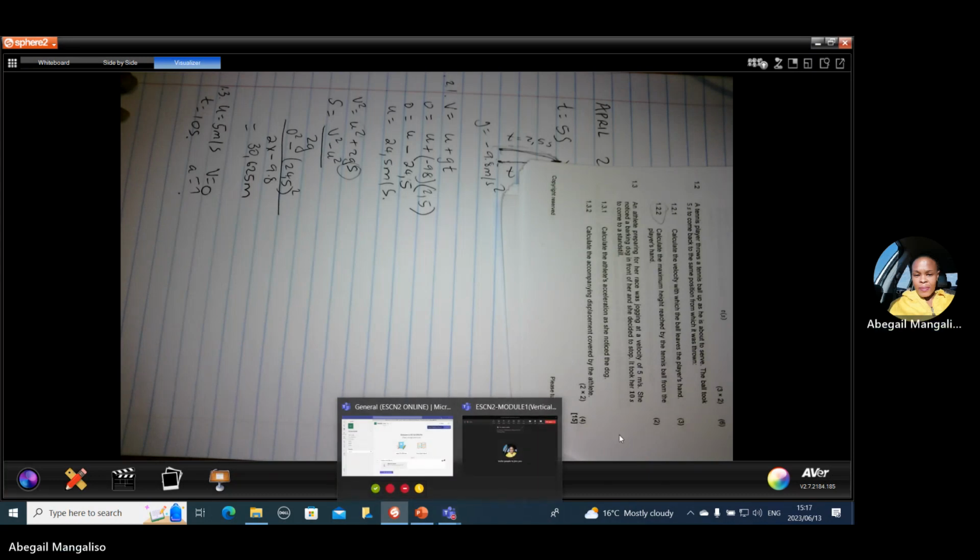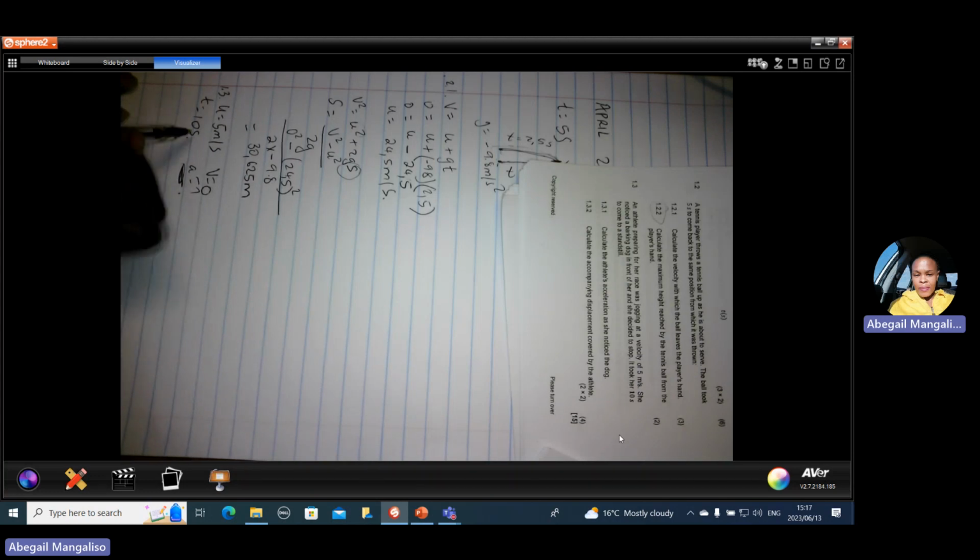It says calculate the athlete's acceleration as she notices the dog. The athlete is going to reduce from 5 to 0, so it's looking for deceleration, not the increase in speed but the decrease in speed.